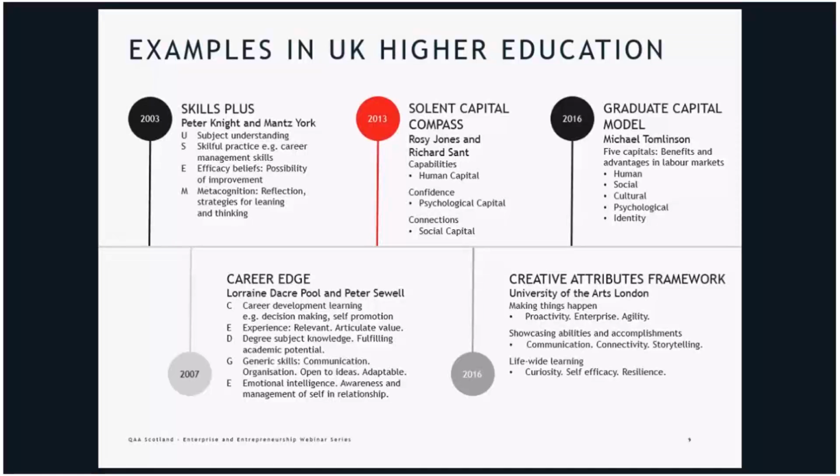So you might have noticed that I sent you a link earlier that you can click on in the conversation comments. If you click on that, it will take you to the Solent Capital Compass, with more information on our Solent University file store. All the other models that are highlighted, I suppose they look like lollipops.